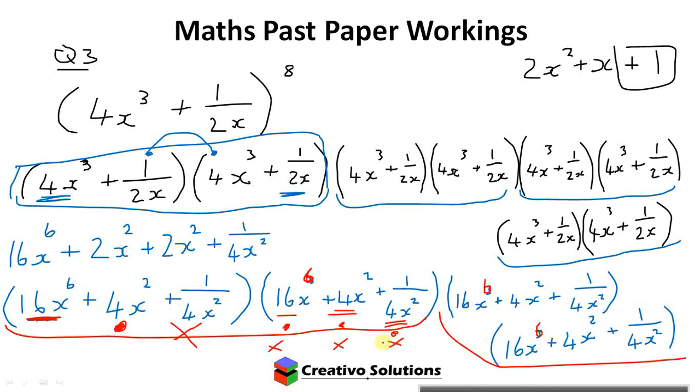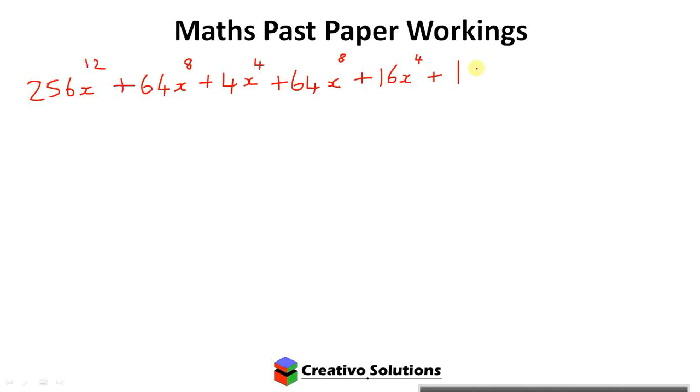Right, so let's check. 1 over 4x squared times 16x to the 6. That can cancel. So 16 goes into 4 times. So it'll be 4x to the 4. 4x to the 4.